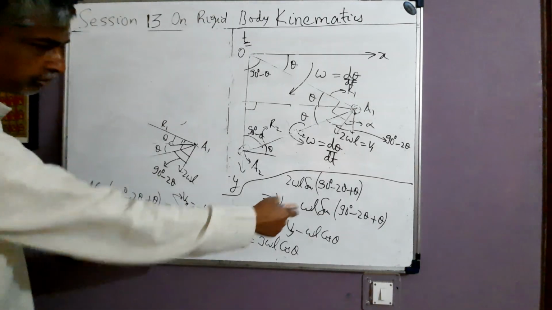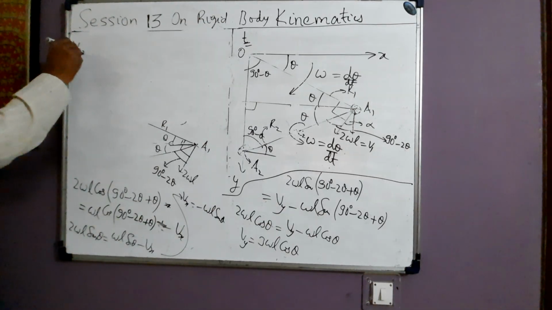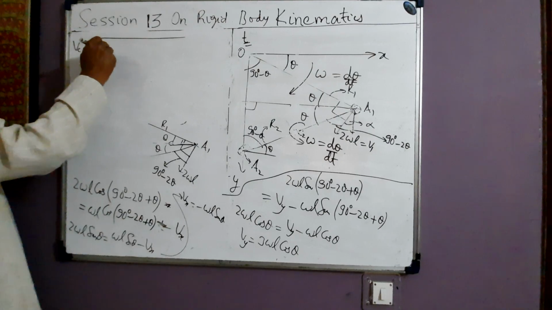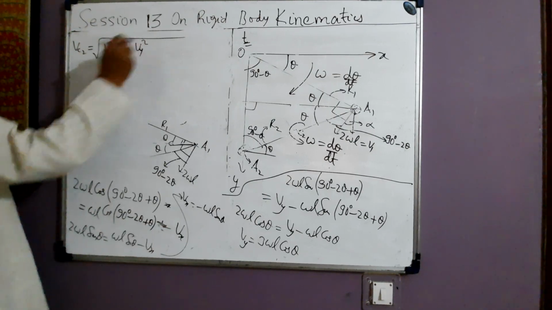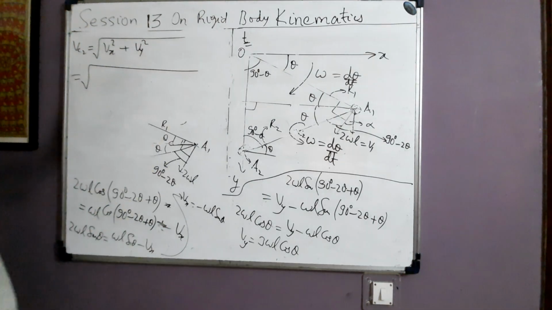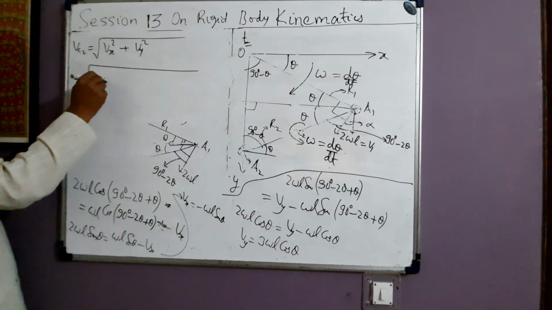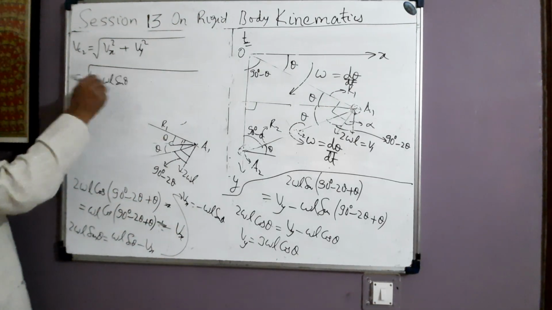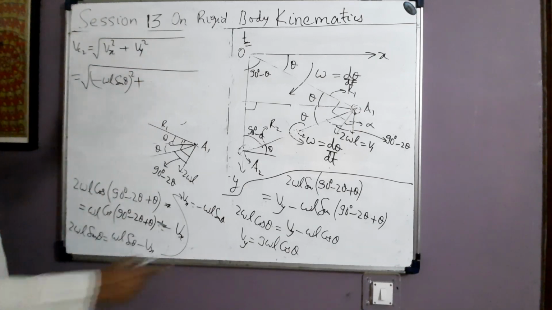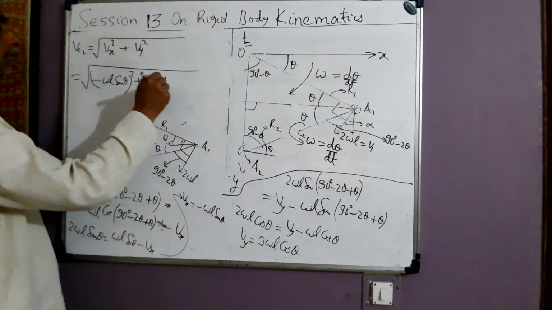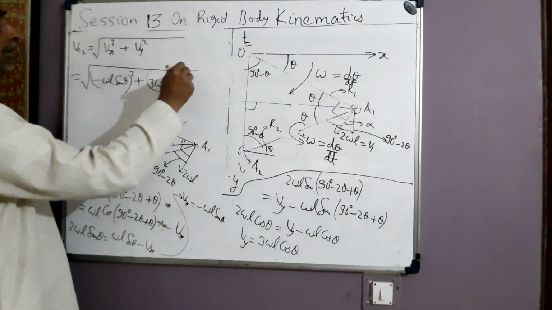So if you substitute here, the velocity of C2 is simply root under Vx square plus Vy square. Now Vx is how much? Vx is minus omega L sin theta, minus omega L sin theta whole square. And Vy is 3 omega L cos theta, 3 omega L cos theta whole square.